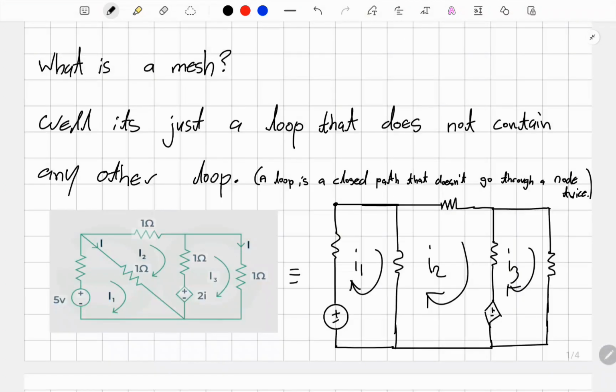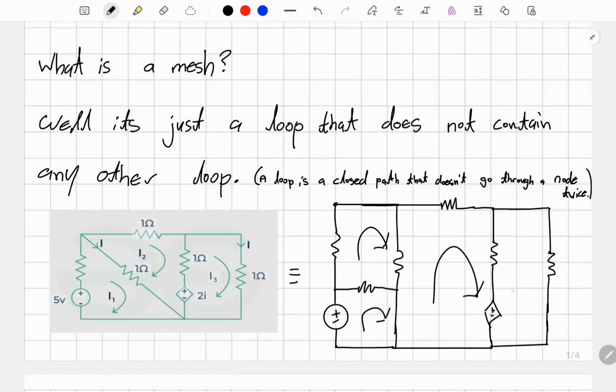I also want to go over one other thing. Let's say I had a resistor going through here. Then how many meshes would I have? Well, I'll have 1, 2, 3, 4.